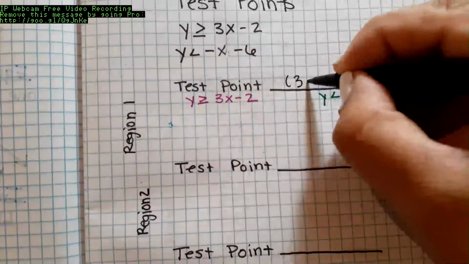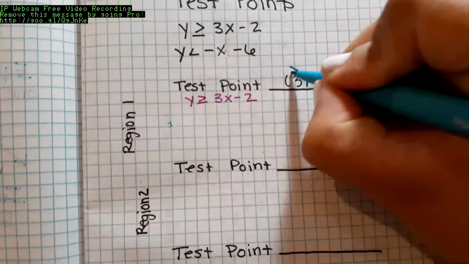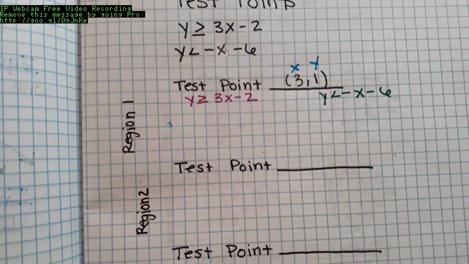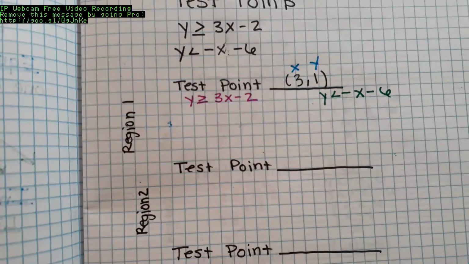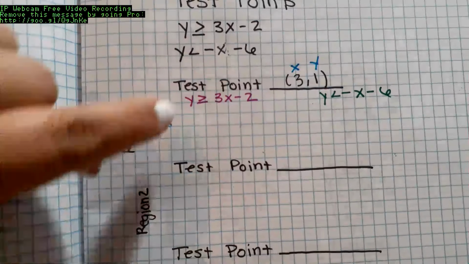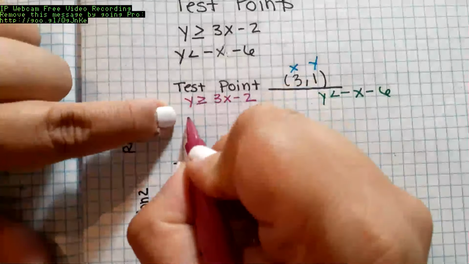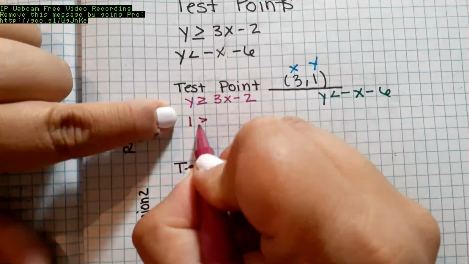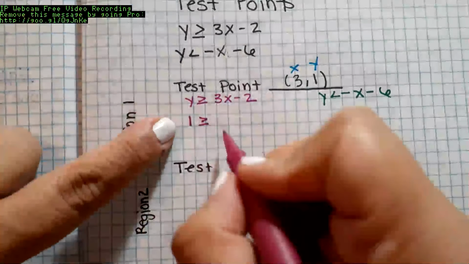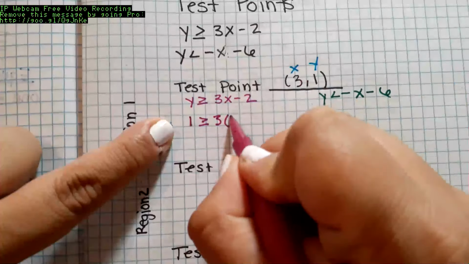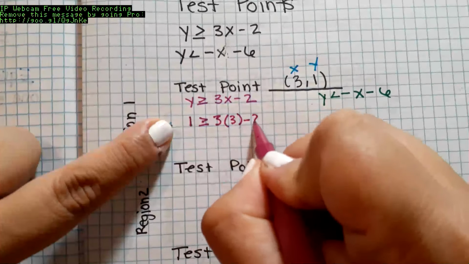Okay, if I look at this one, I know that my x is 3 and y is 1. So I'm going to substitute my x and y into my equation. My y is 1, so I'm going to write 1 greater than or equal to 3 times my x point, which is 3, minus 2.